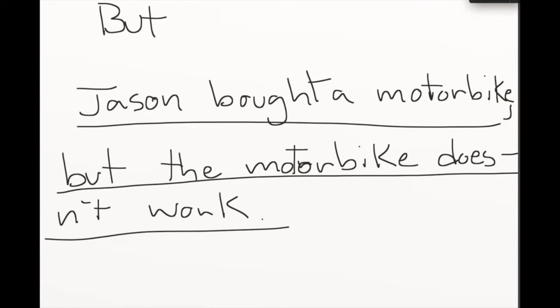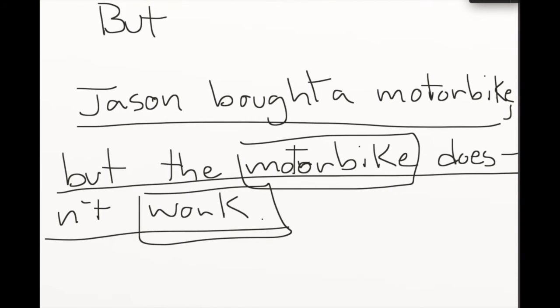It's Jason bought a motorbike, but the motorbike doesn't work. Okay, so there's a problem. There's something you didn't know before. Jason didn't know the motorbike didn't work, maybe, or doesn't work.